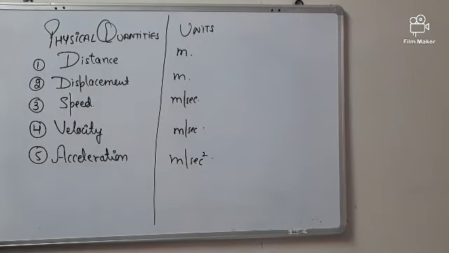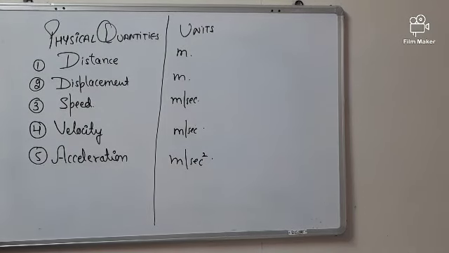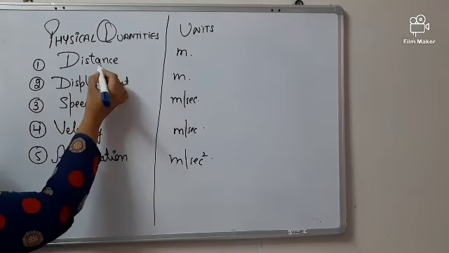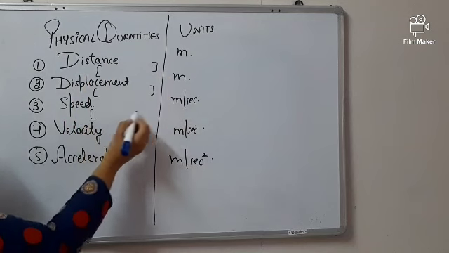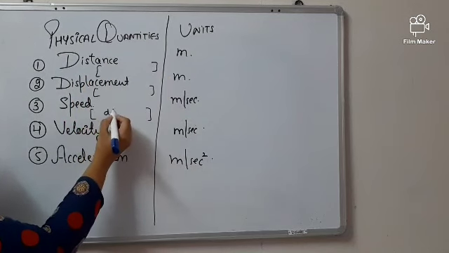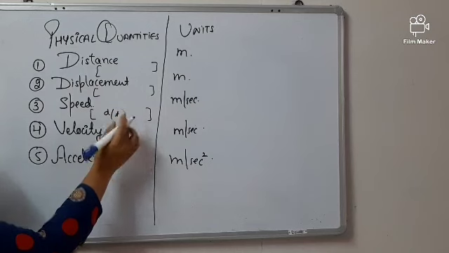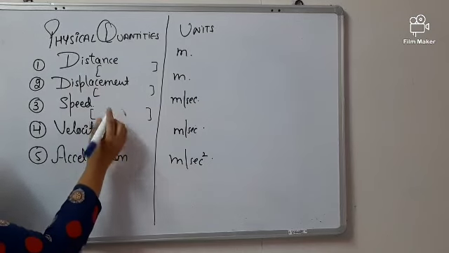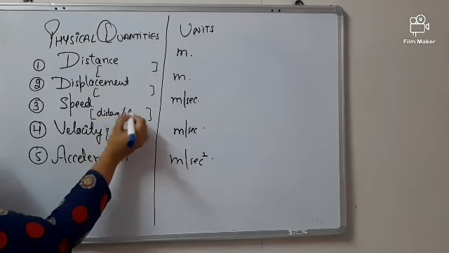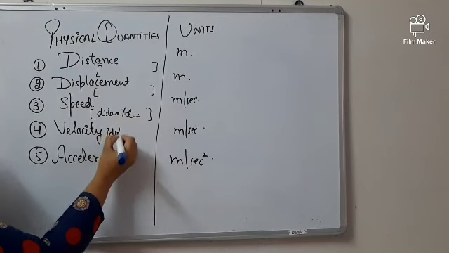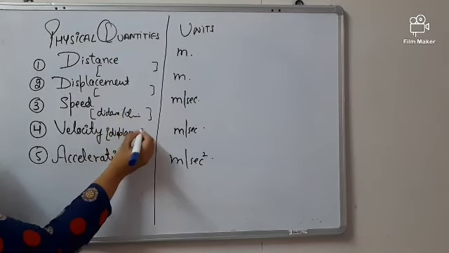Fine. You can also do one thing, that along with writing the quantities, you can also write the formulas. Fine. And put a small bracket over here and write a little bit of their definition. Like speed is what? It is distance over time. Fine. Velocity is what? It is displacement over time.